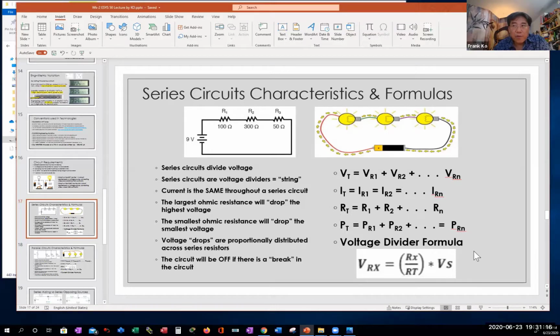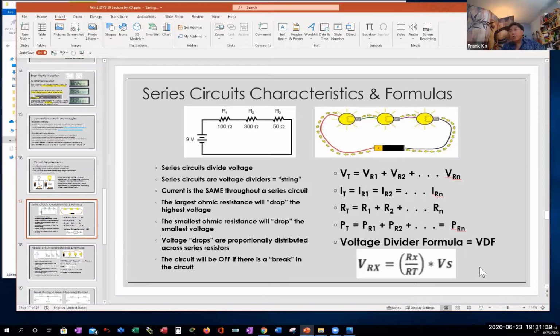The most significant formula of the bunch is this one here. Voltage divider formula equals VDF. And let me widen this just a touch so we can see this on one line. VDF is the abbreviation for voltage divider formula. And if you look at this formula, it's a very easy formula.